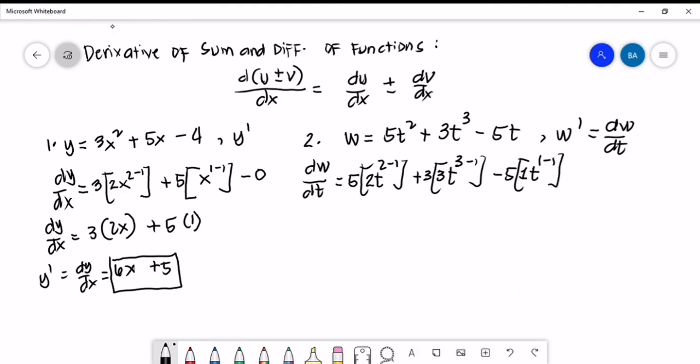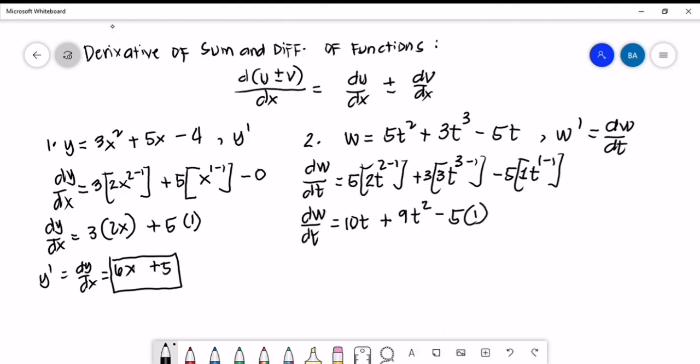So overall, our dw/dt is equal to 5 times 2, which is 10, t raised to 2 minus 1, which is 1, plus 3 times 3, which is already 9, and then t raised to 3 minus 1, which is 2, minus 5, t raised to 0 is 1.